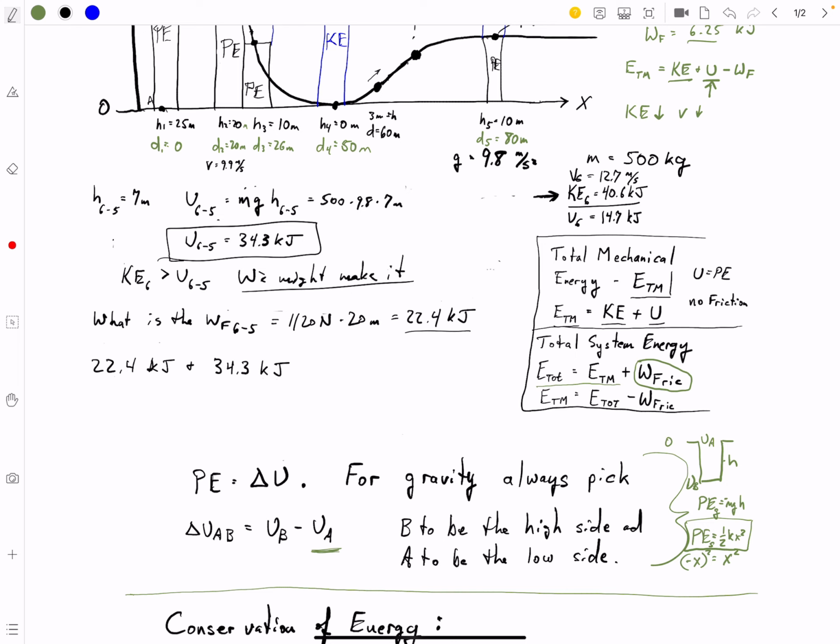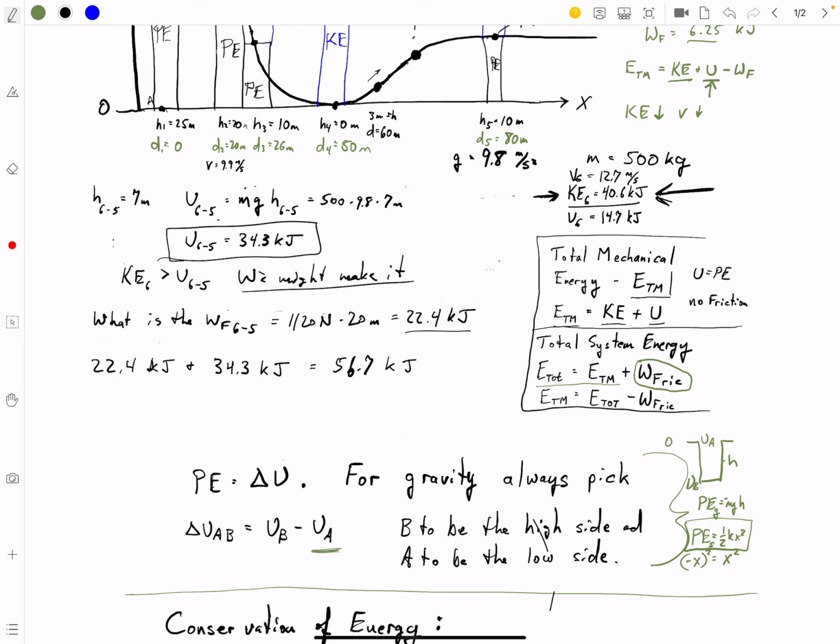If we add those things together, we end up with 56.7 kilojoules. But we only have 40.6 kilojoules in kinetic energy.